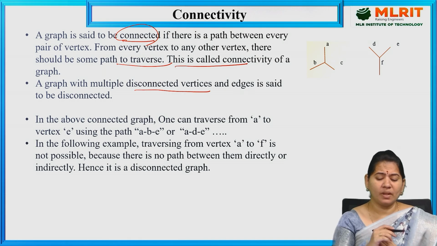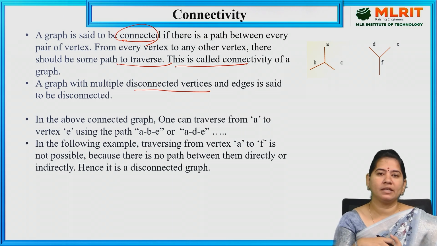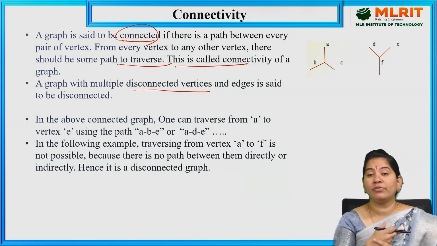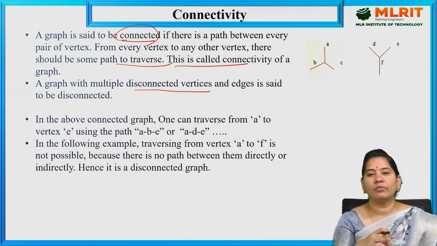In this connectivity concept we have two types: edge connectivity and vertex connectivity. Before discussing them, you first need to understand three terminologies: cut vertex, cut set and cut edge. First let us learn all three, then we can go for edge connectivity and vertex connectivity.